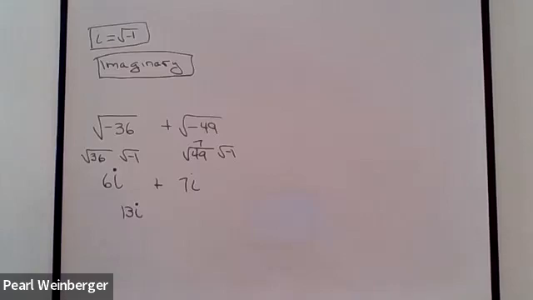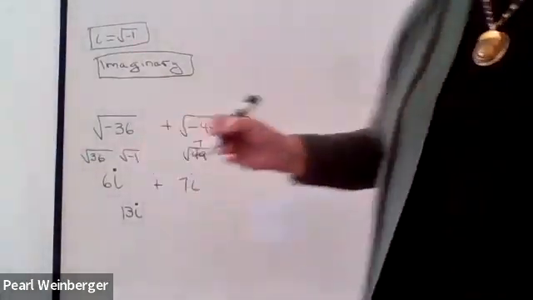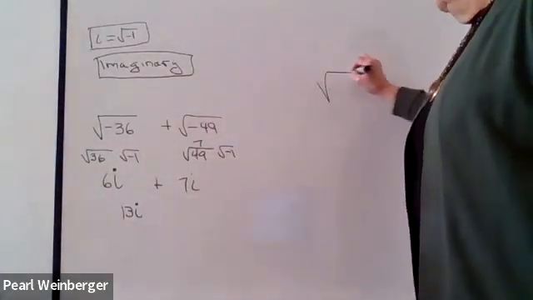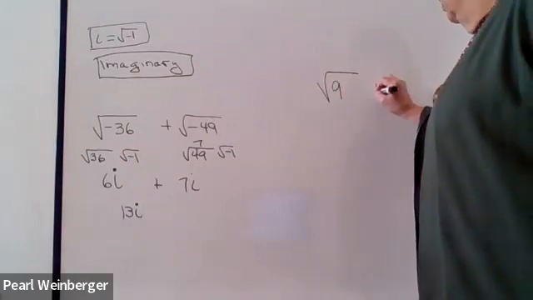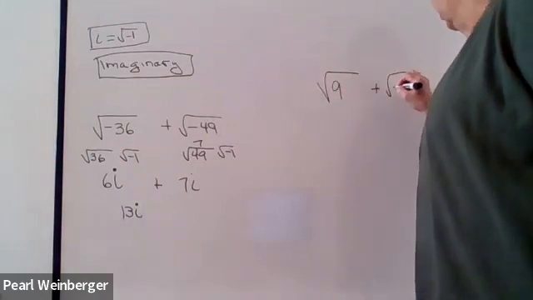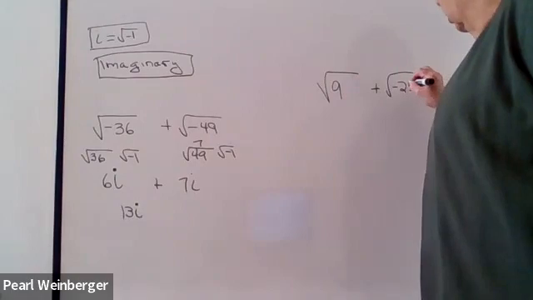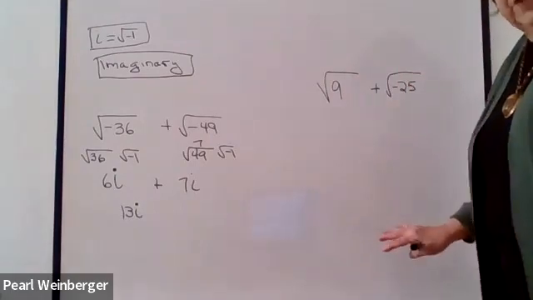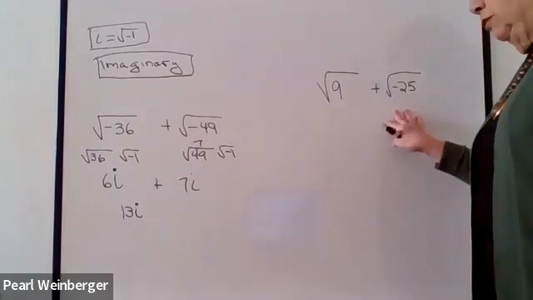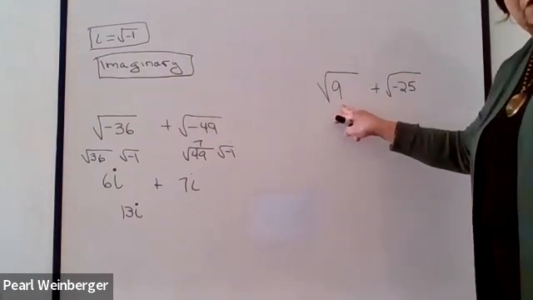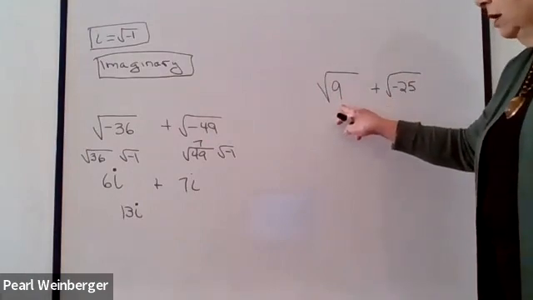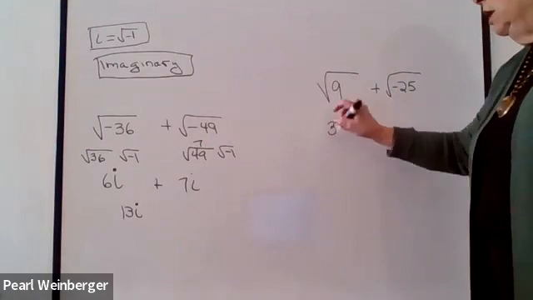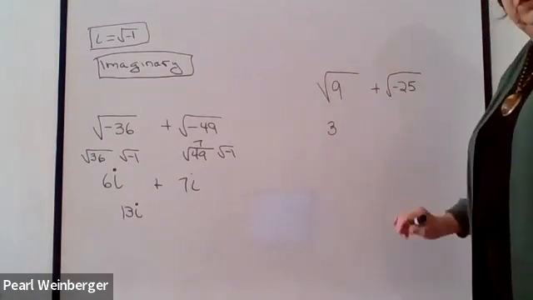Now, what if I have something like this? Suppose I have the square root of 9 plus the square root of -25. Okay, we've got to simplify them before we can add them. They're not like radicals. Well, this is easy to simplify. The square root of 9 is just plain 3 because it has no negative in it.